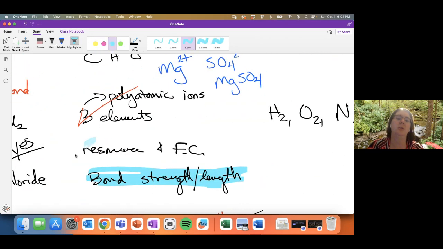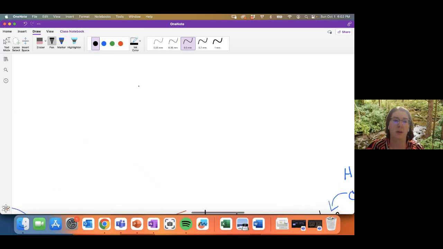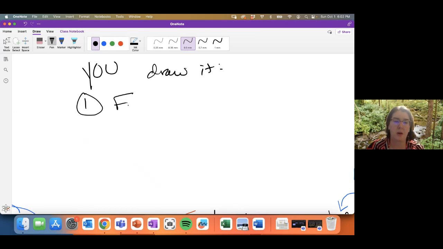Resonance and formal charge, I'll try to address in the follow-up video, because basically the short version is, if you draw it, you are going to find the best structure, which means optimize for formal charge first.